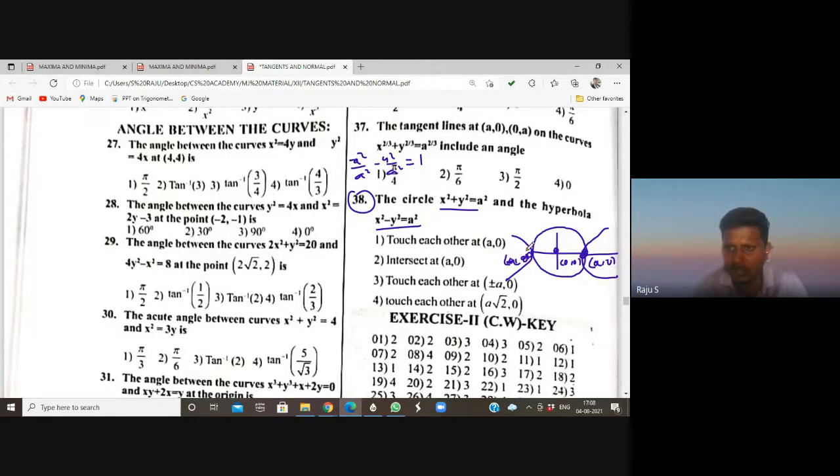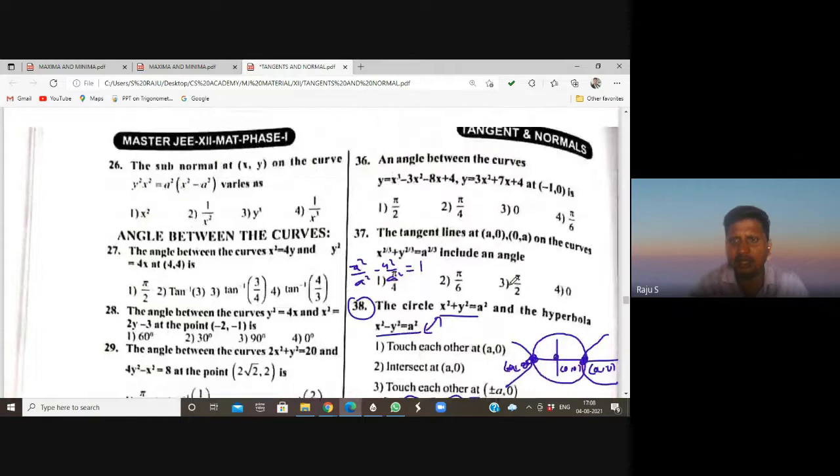Nothing but these are the points of intersection. With the help of the graphical representation itself, we can say that plus or minus a comma 0 satisfies both the equations, so the answer will be plus or minus a comma 0.